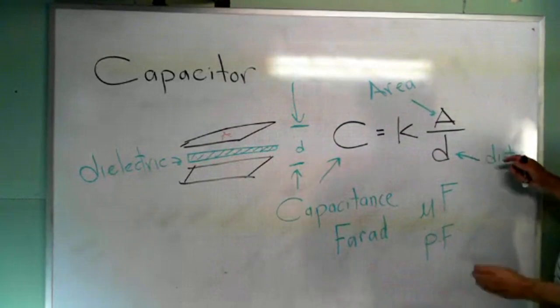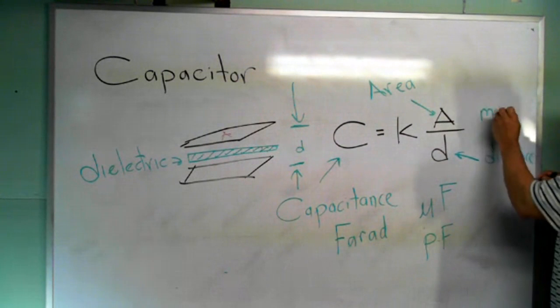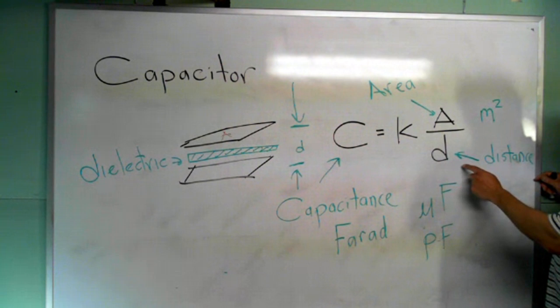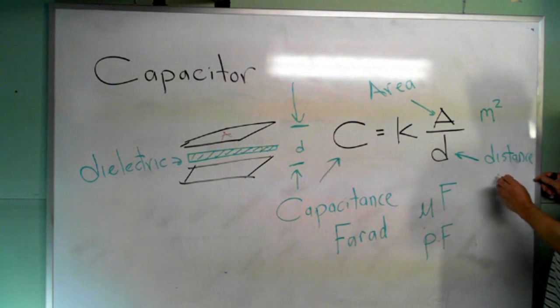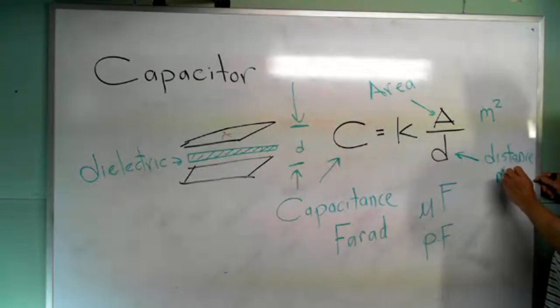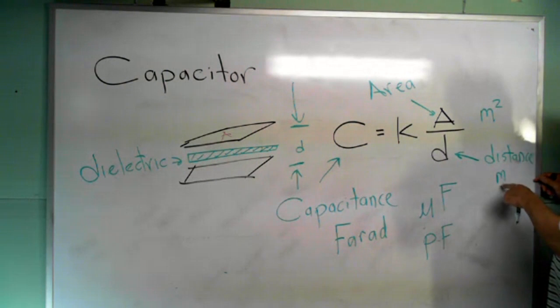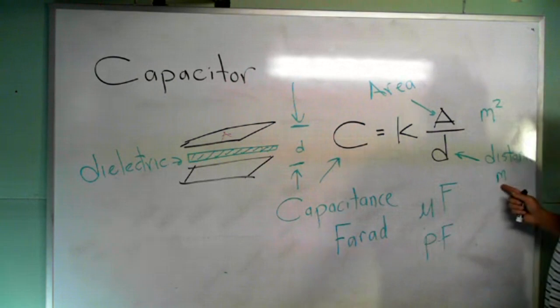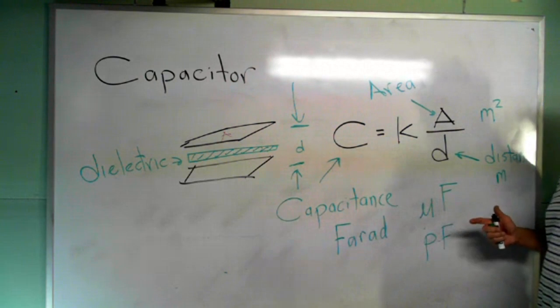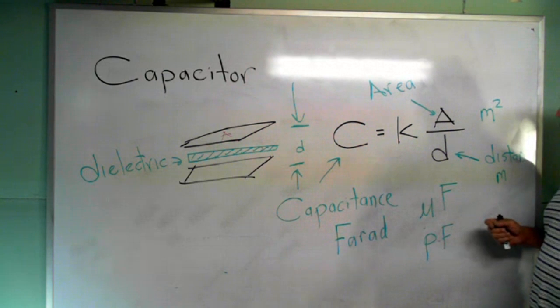And so area is in meters squared, and that distance would be in meters. Now you have a lot of decimal points here because the distance is really tiny. If you have that in meters, you're going to have a lot of zeros after the decimal point.